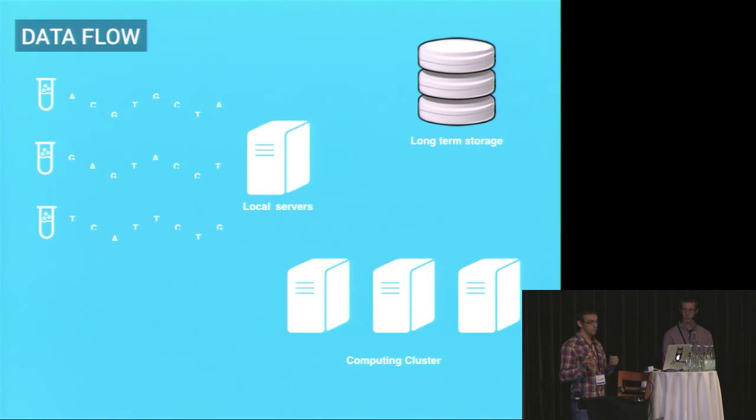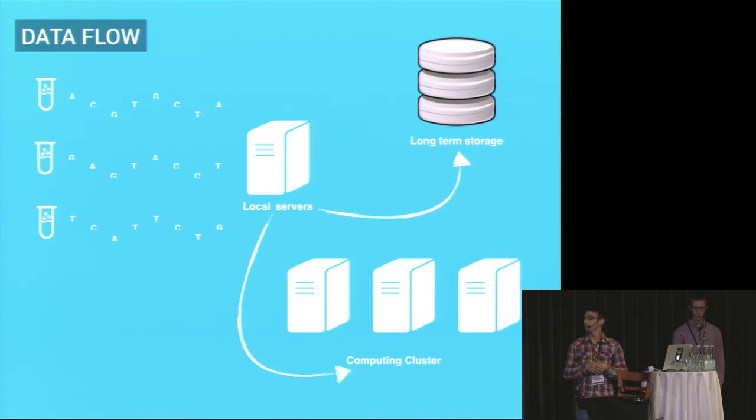Basically, we convert it into the strings of A, C, Ts, and Gs that we then run the analysis on. From the local servers, the data has to travel to two places. We need to send the data to a long-term storage facility because we need to back it up. And the processed data has to go also to the computing cluster where we run the proper analysis.